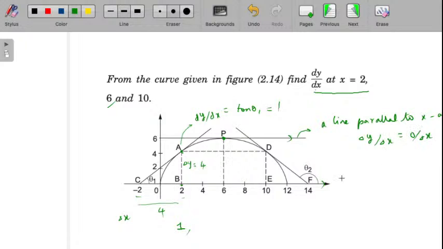For any amount of variation of x, the value of y is not changing. Y is a constant. Hence, the value of the slope at this point P is equal to 0.